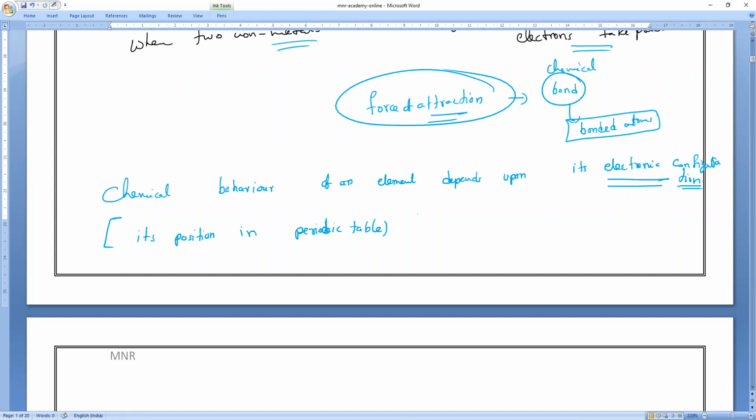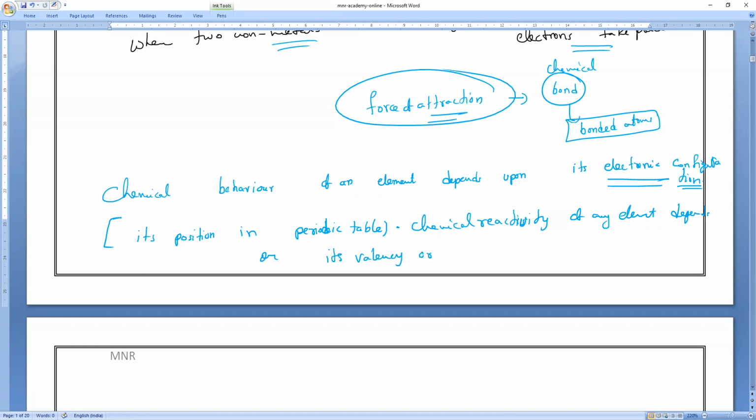So the chemical reactivity, whether it reacts faster or slower, whether it donates electrons or receives electrons, depends on its valency.